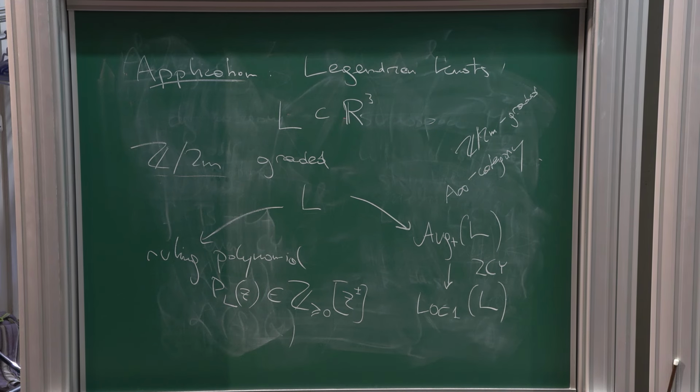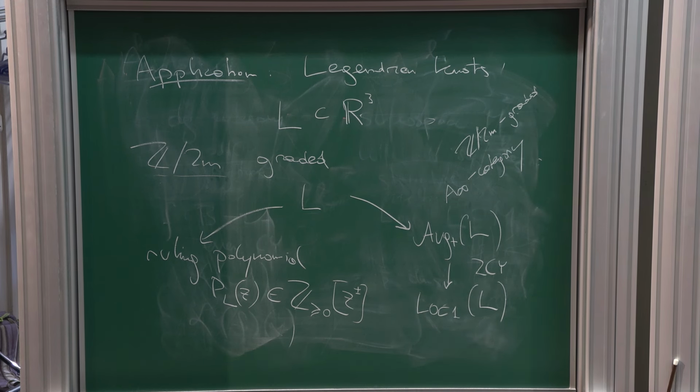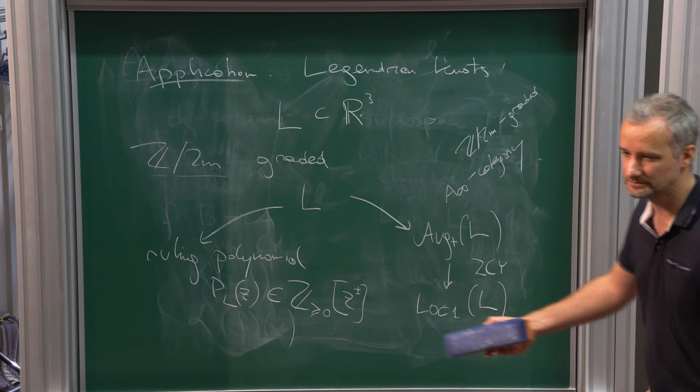Then they conjectured that there should be something also if it's periodically graded, and we can prove that conjecture. It's just a Laurent polynomial.